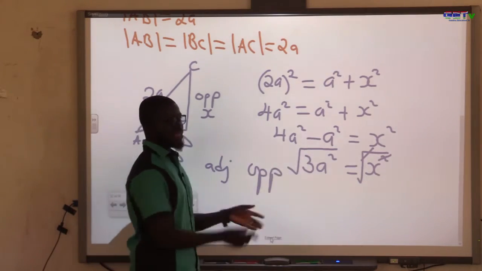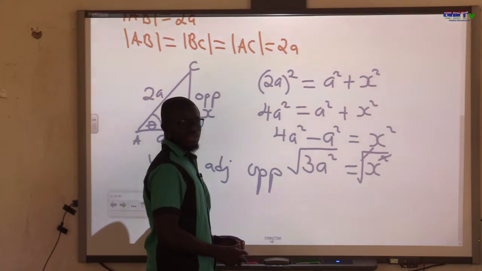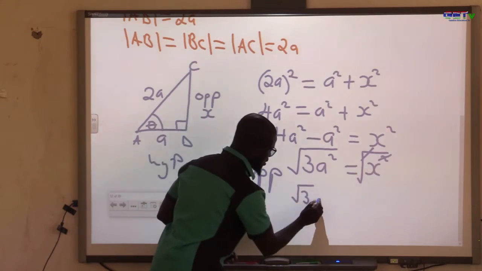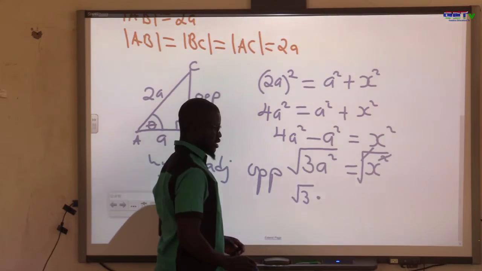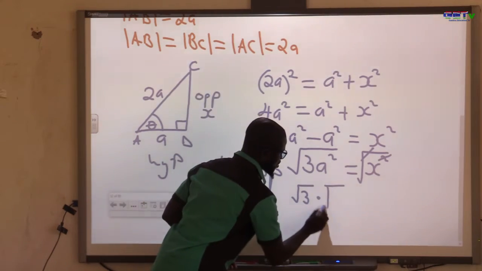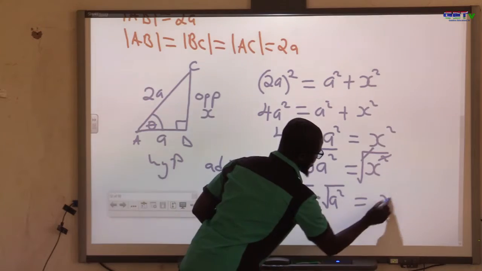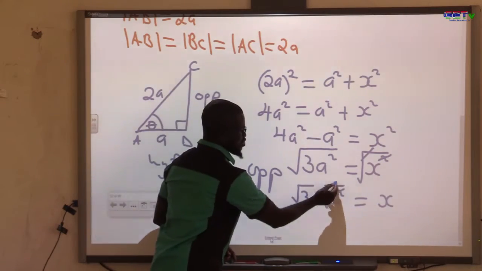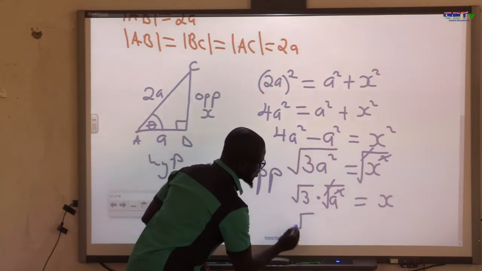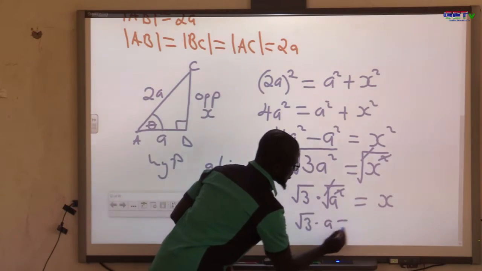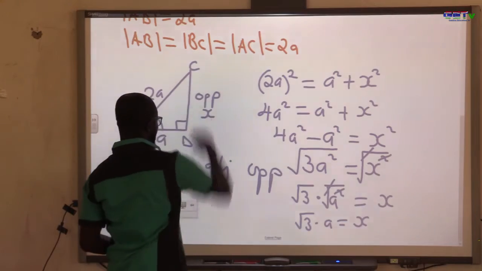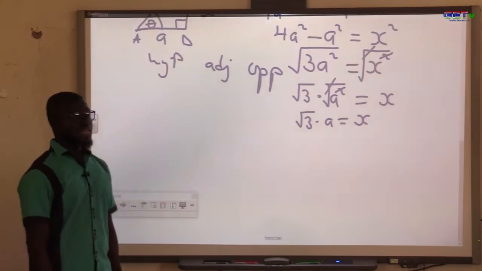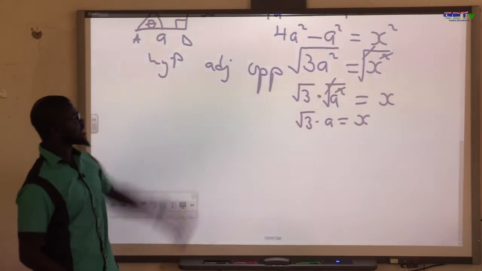So the square again is affecting only the A and not the 3. So this could mean the same as root of 3 times, remember dot could also represent multiplication, the root of A squared equals X. In short, the square can always cancel the root. So you are left with what? Root of 3 times A is equal to X, which means our opposite side is equal to root 3 times A.